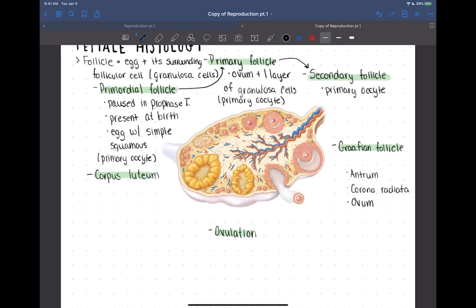That primary oocyte is surrounded by a few layers of those granulosa cells, and an antrum, a kind of space, starts to form.